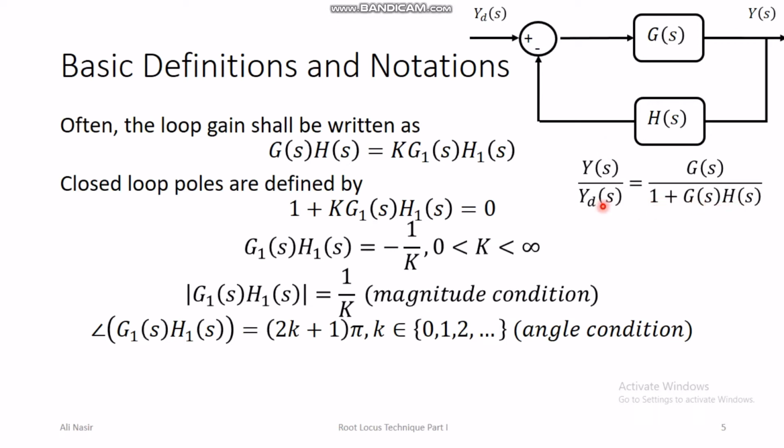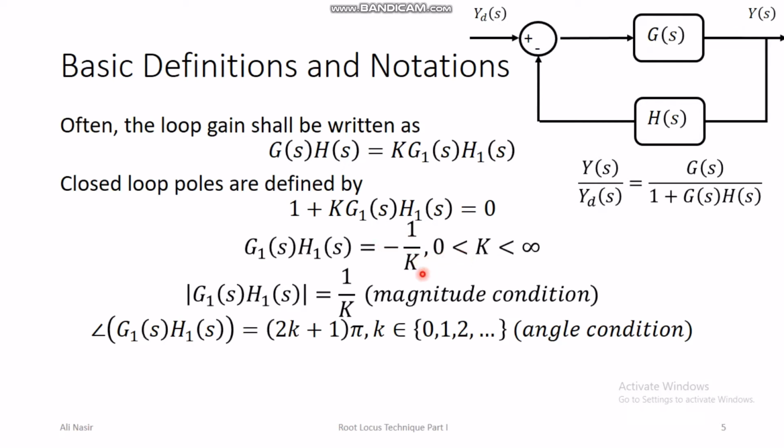Remember that we have called G(s)H(s) equal to K times G1(s) times H1(s). So the roots of this equation will be the poles of the closed loop system, and from this closed loop pole equation, G1(s)H1(s) is equal to minus 1 over K, where K goes from 0 to infinity.